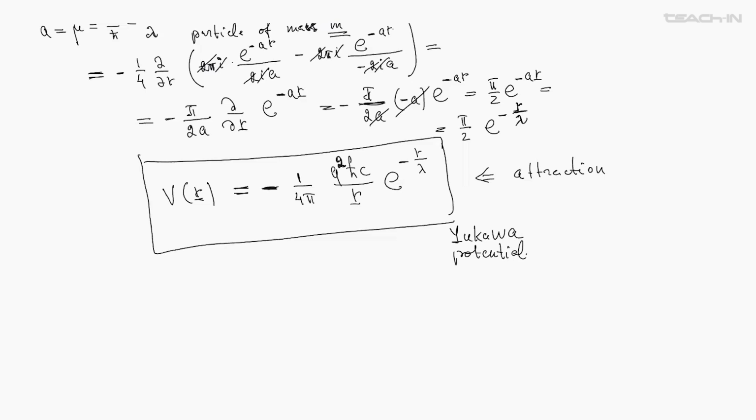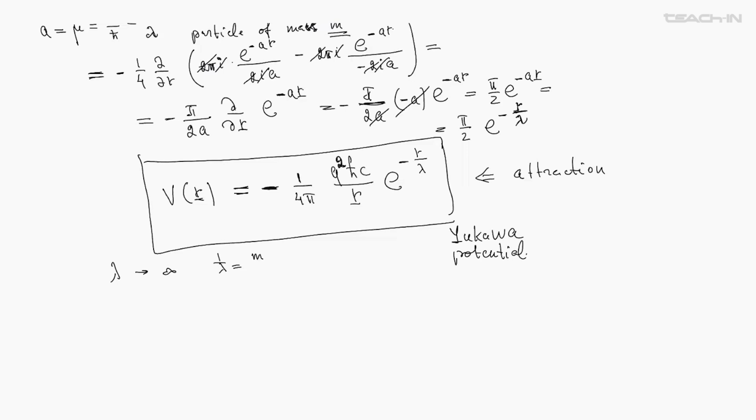Yes, in fact, the point is that the Yukawa potential is a short-range potential because of the presence of this exponential. On the other hand, you also see the following, that when lambda tends to infinity, which essentially means, if you remember what lambda is, 1 over lambda is mc divided by h bar.